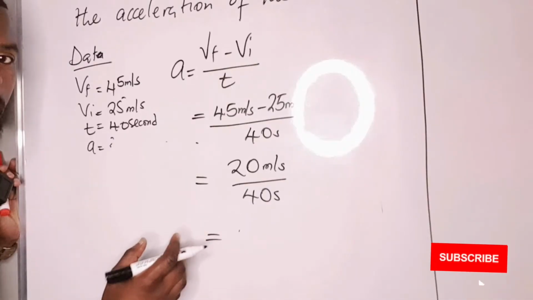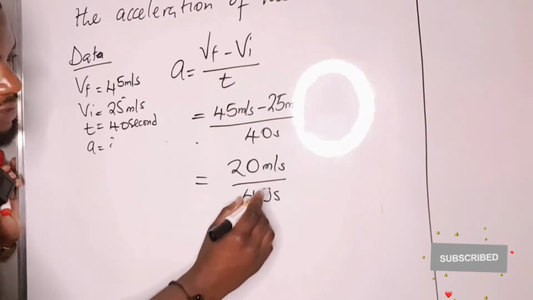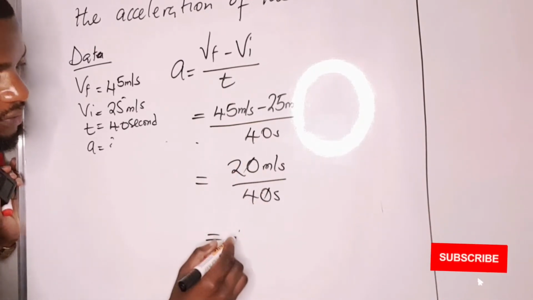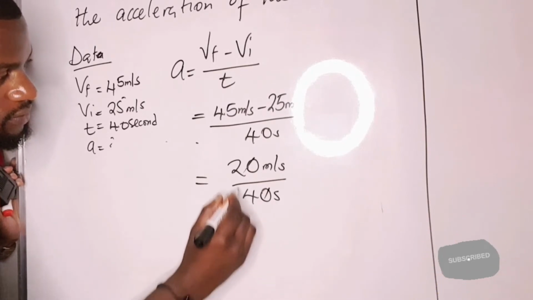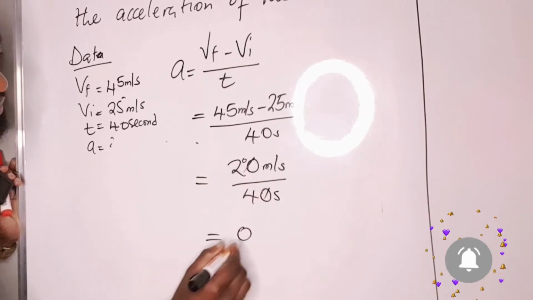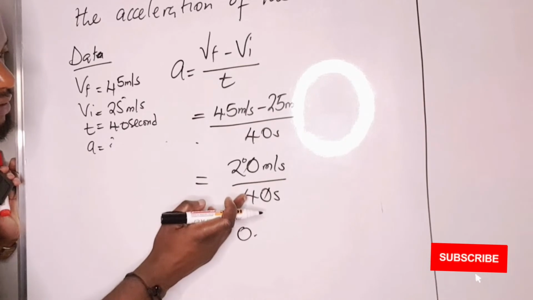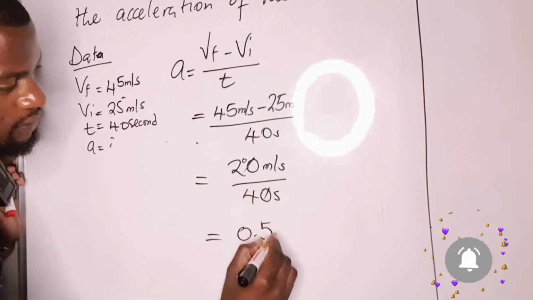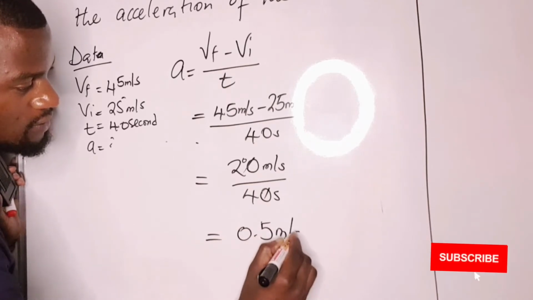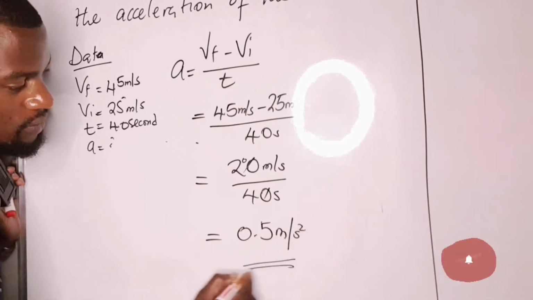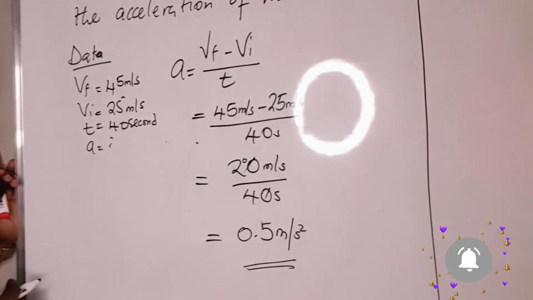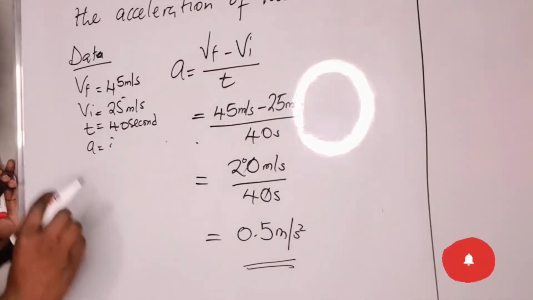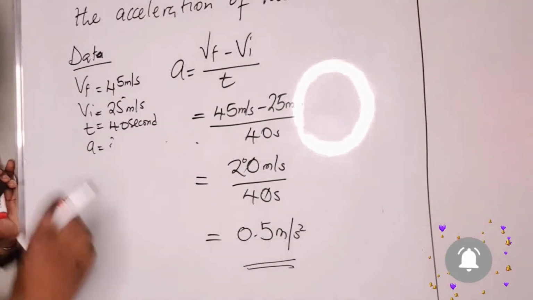So here we cancel the zeros there, then we say 4 into 2, that is 0, put 0 there, and a point. 4 into 20, that is a 5. Then we bring down the units. So we have our acceleration as 0.5 meters per second squared.